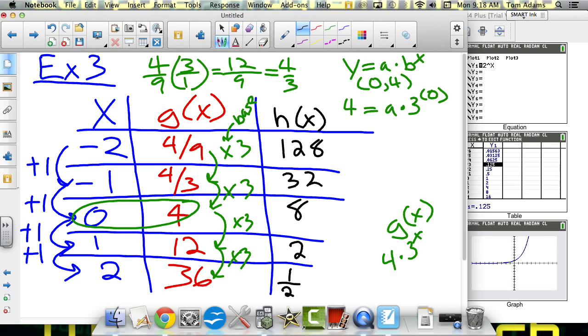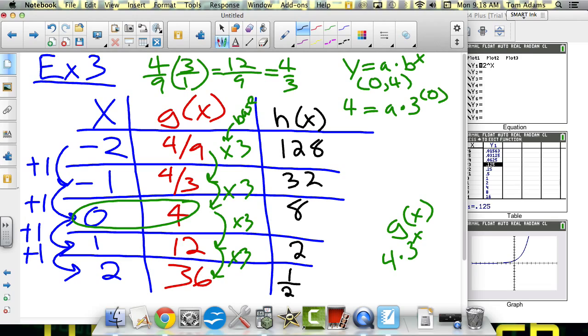Now, for exponentials, what we're looking for is a base that we multiply by. But if you notice, 128 drops down to 32. Huh? 1/4. I was hoping somebody in here would say, well, you divide it by 4 every time.